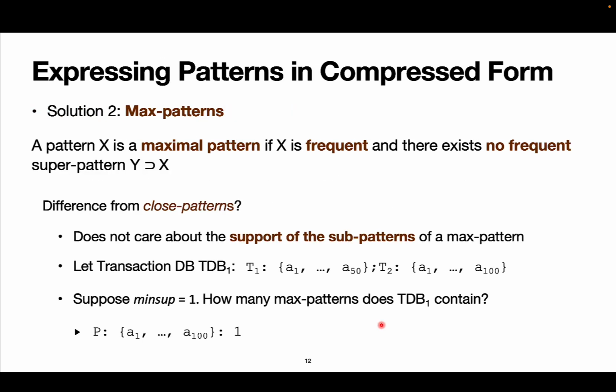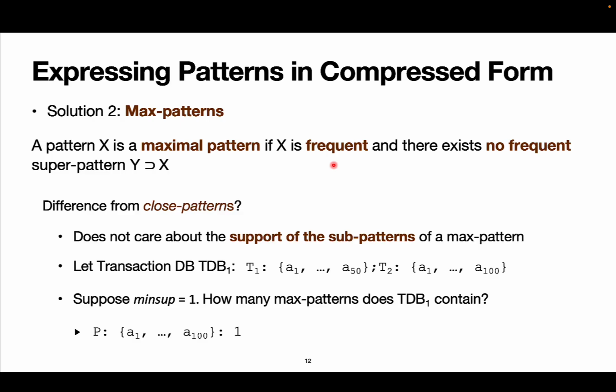Another form of compressed pattern is called maximal or max patterns. So a pattern X is a maximal pattern if X is frequent and there exists no frequent super pattern Y that already contains X, and we stop here. We don't add more constraints.